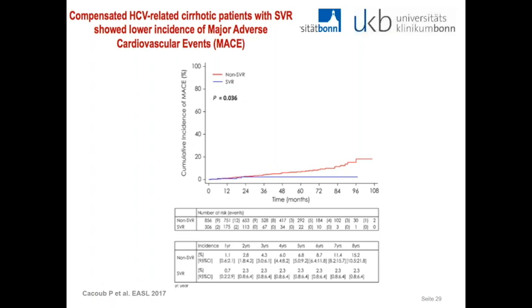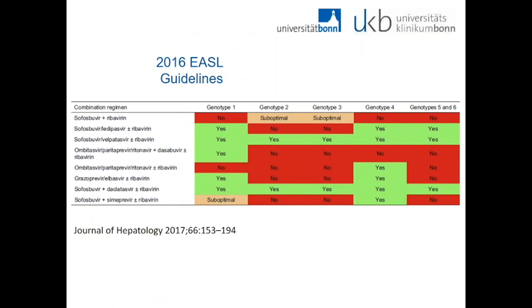So what we're starting to see in some of the larger cohorts is that indeed curing hepatitis C, getting rid of that inflammation caused by a chronic viral infection, there actually is also a decrease or less occurrence of cardiovascular events in people who were cured of hepatitis C versus those who continue to replicate and have chronic hepatitis C. So the benefit of hepatitis C therapy may be way beyond prevention of liver cancer and liver cirrhosis. It may also help to improve the overall survival by decreasing risk for cardiovascular events. Also, don't forget that hepatitis C can cause insulin resistance, which may cause diabetes, and that may also be lowered after getting rid of hepatitis C altogether. Next slide, please.